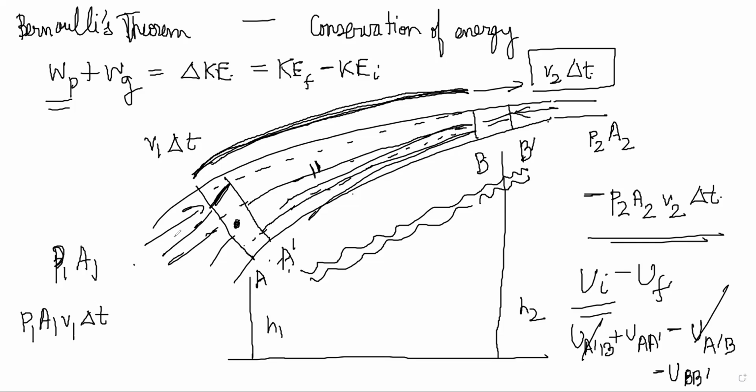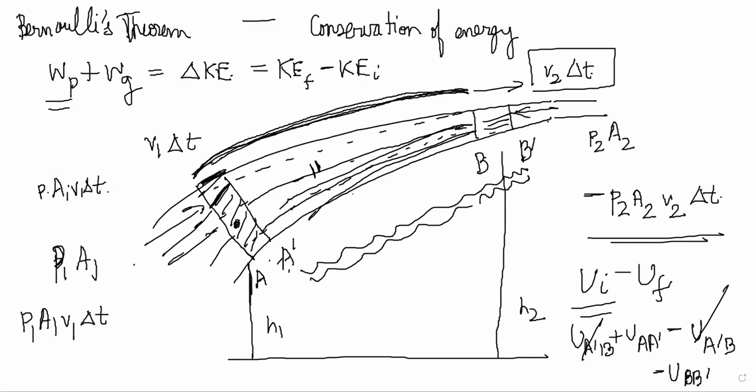So mass in this much portion into height h1 here, mgh, and minus mgh here, right? So mass in this portion will be rho into what is the area of this portion? Let's say it is a1. Rho a1 into s1, this distance, which is v1 delta t. This is the mass in this portion.